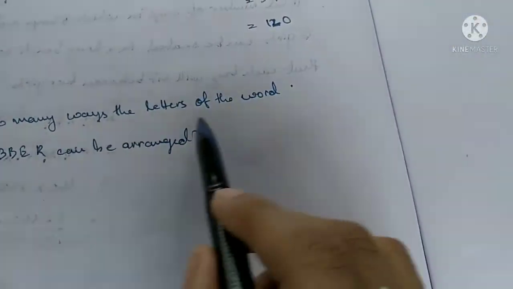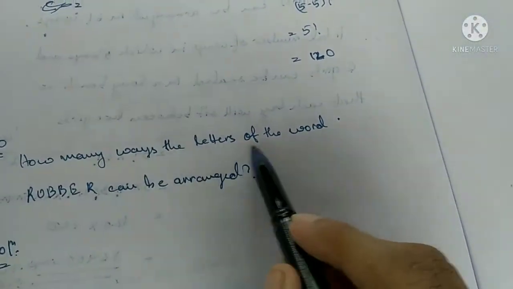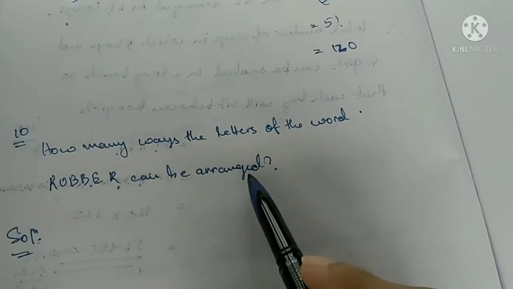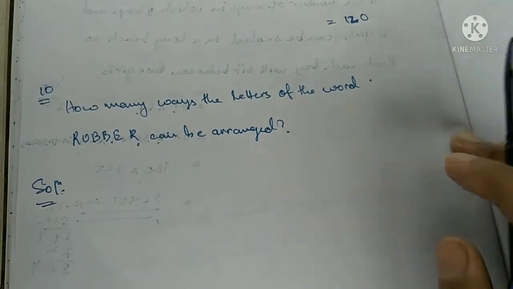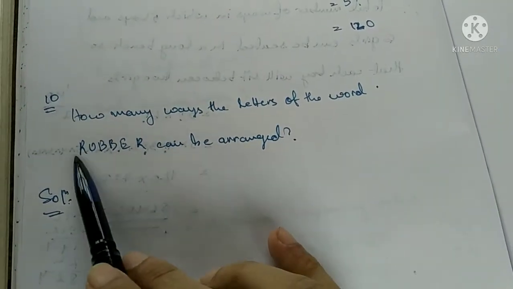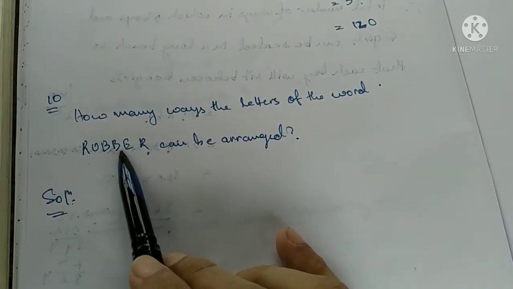So in how many ways the letters of the word rubber can be arranged. In here 2R is there and 2B is there.